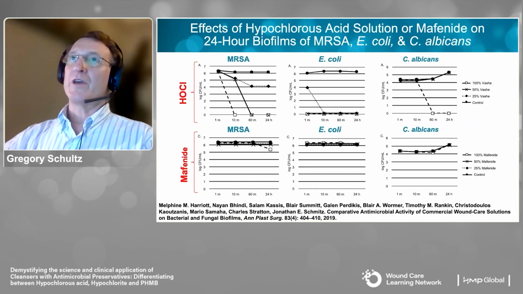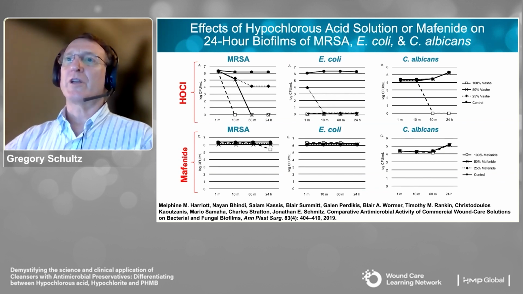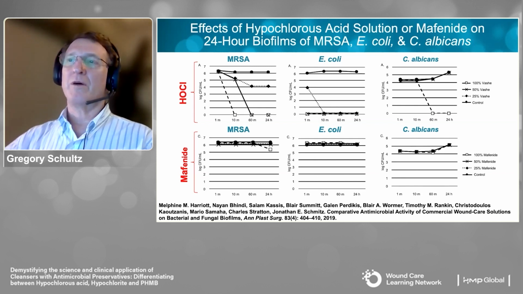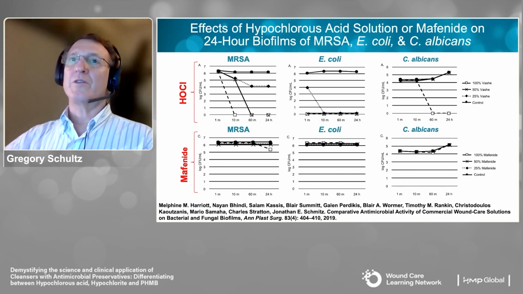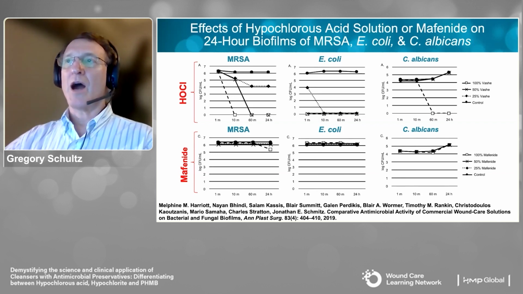We can compare the effects of hypochlorous acid to an antibiotic like mafenide. These data basically show that even with gram-positive, gram-negative, or yeast bacteria and microbiomes, you can see that the ability to kill these bacteria and yeast is highly improved using HOCl compared to the antibiotic mafenide.